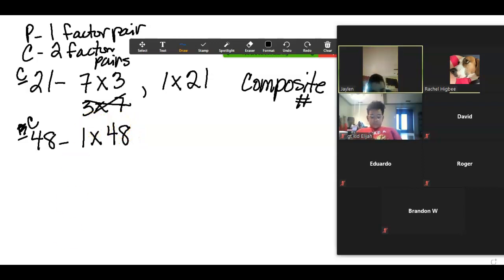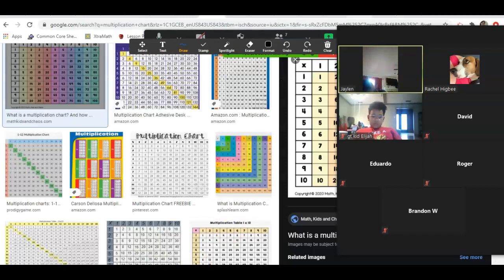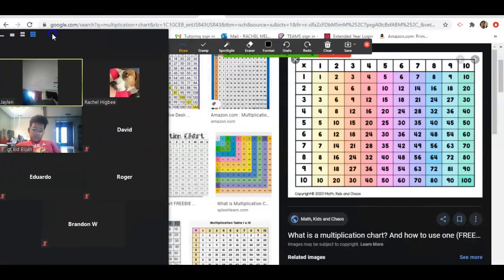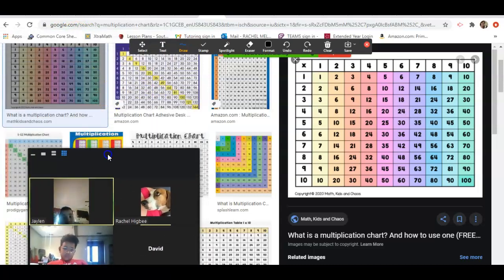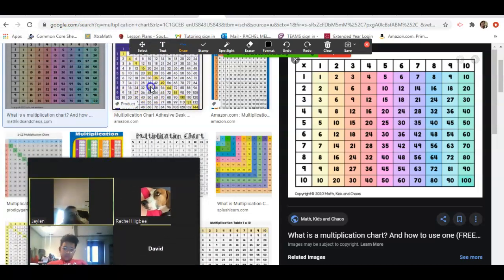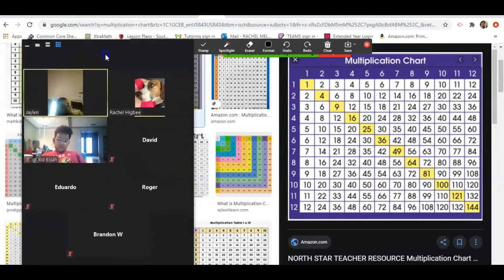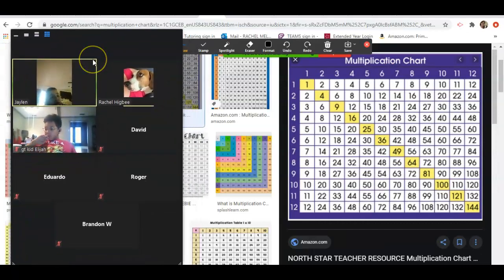All right. So let's look at that multiplication chart. Ooh, you know what? I'm realizing that maybe we need to change to this one. Okay. So do you see a 48?